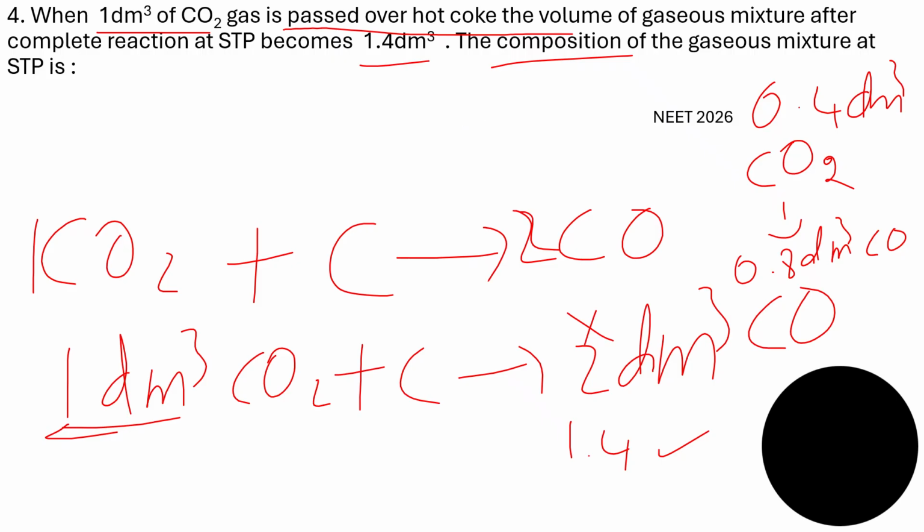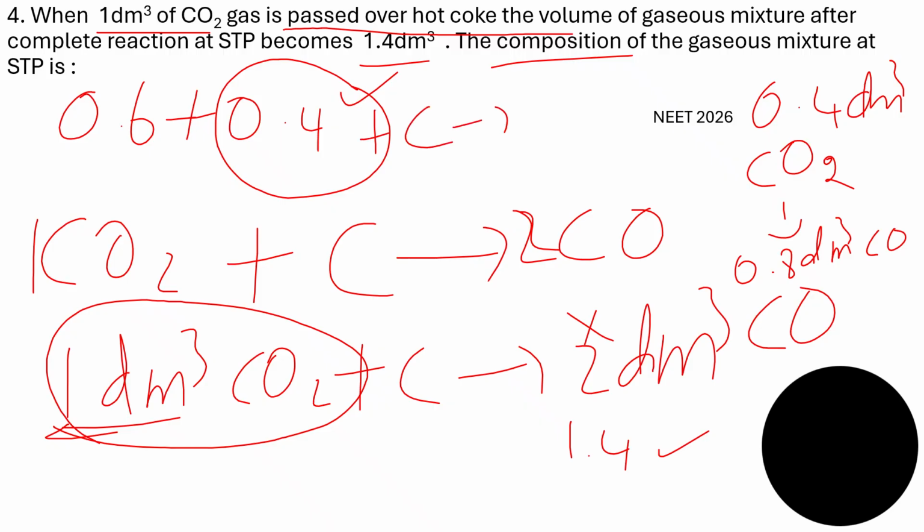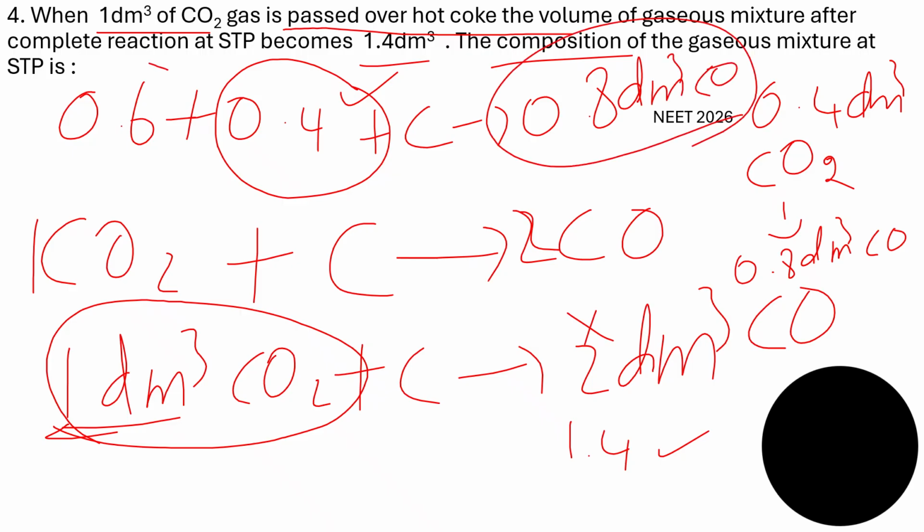1 decimeter cube, I will take 1 as 0.6 plus 0.4. In 1 decimeter cube of carbon dioxide, only 0.4 decimeter cube of carbon dioxide reacts with the coke to give 0.8 decimeter cube of carbon monoxide. The rest remains unchanged.